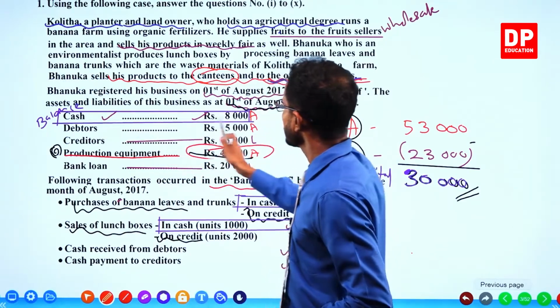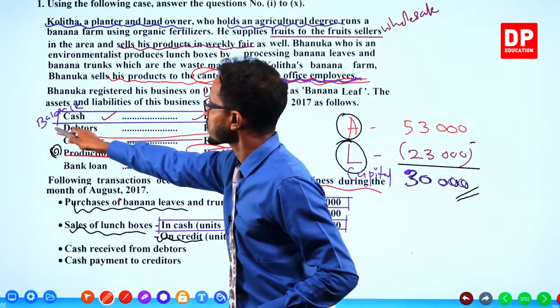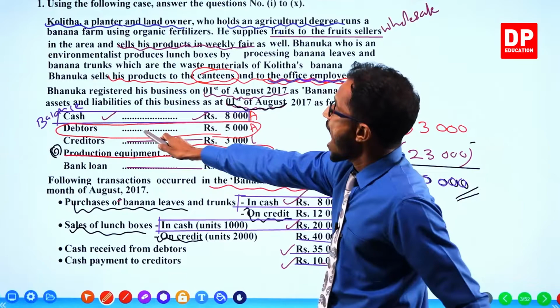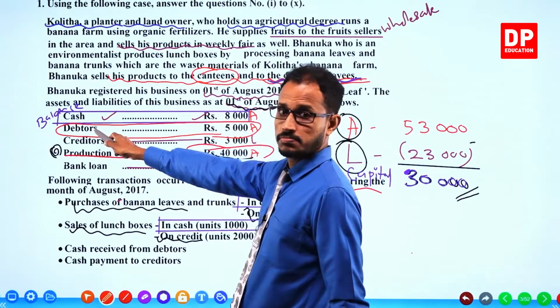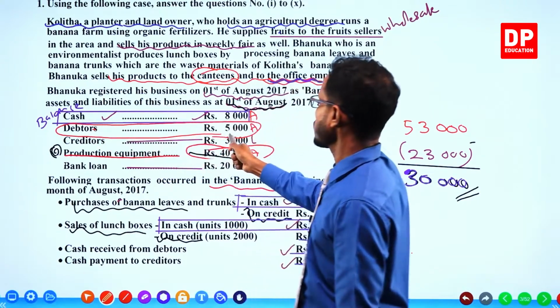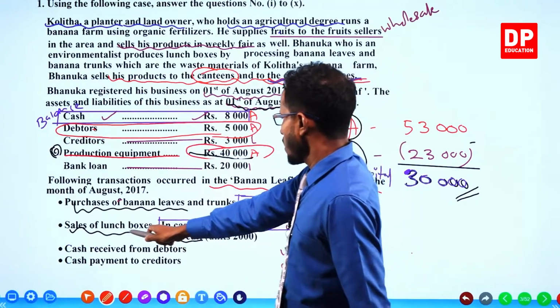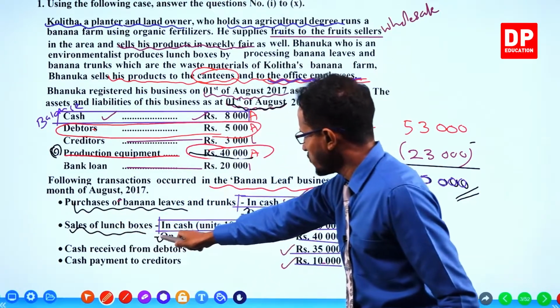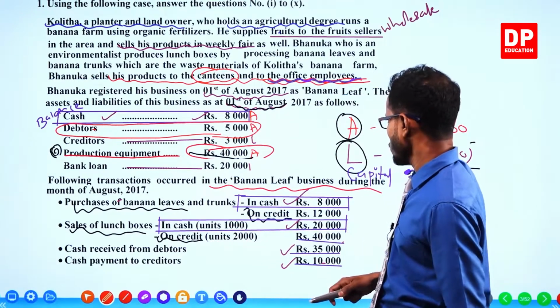We have debtors 5,000. At the beginning, debtors are assets. At the beginning 5,000. During the month, we have sold on credit 40,000.